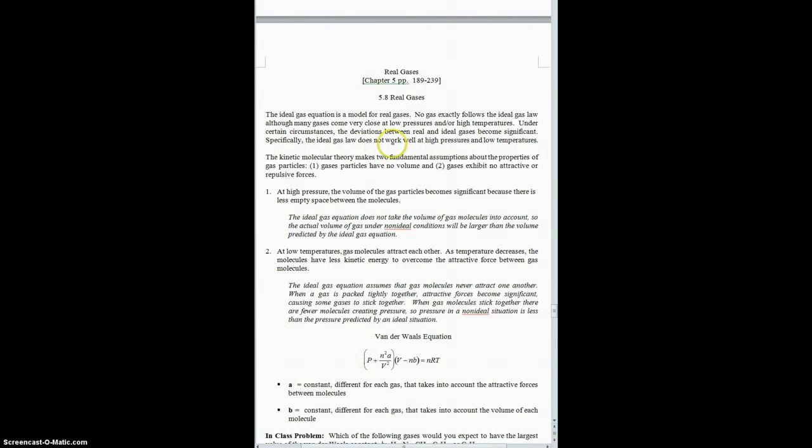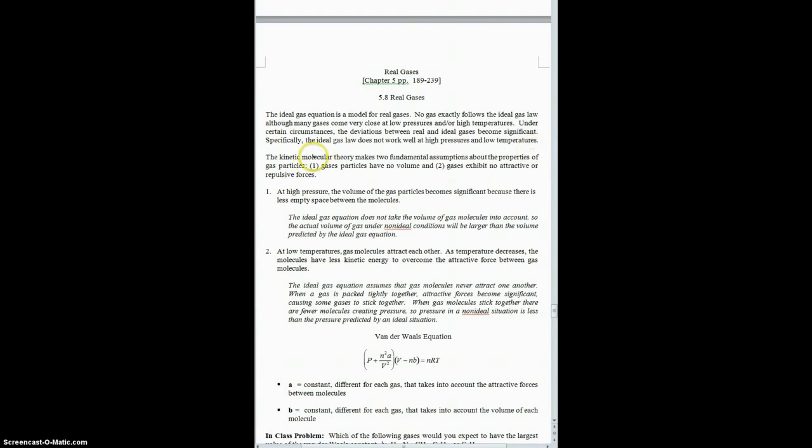Under certain circumstances, the difference between a real gas and an ideal gas becomes significant. So in other words, the ideal gas law is not an appropriate way to be predicting the properties of gases, okay? And those are under conditions of high pressure and low temperature, okay?